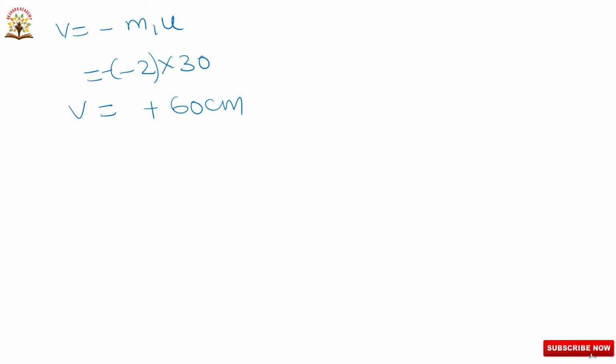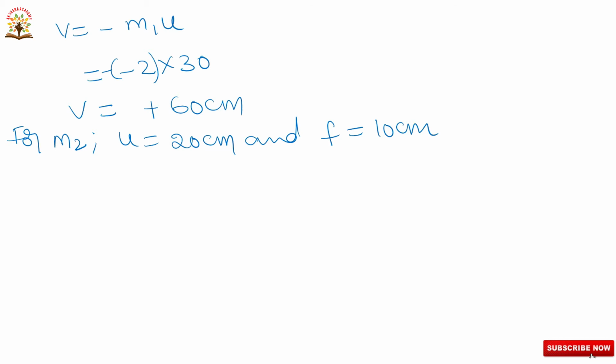So V is equal to minus 60 centimeters. Now for M2, U is minus M1 into U, that is minus of minus 2, so U is 60 centimeters. For M2, U is equal to 20 centimeters and F is equal to 10 centimeters.